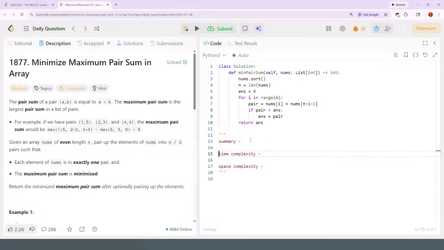So I think this is close to easy difficulty.